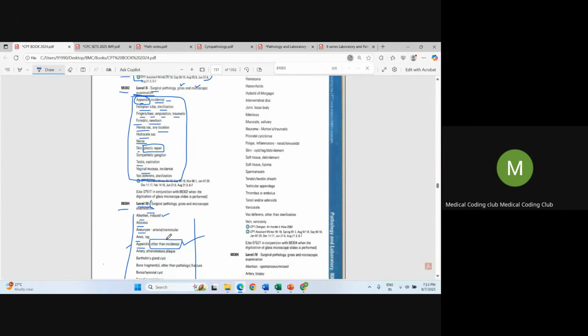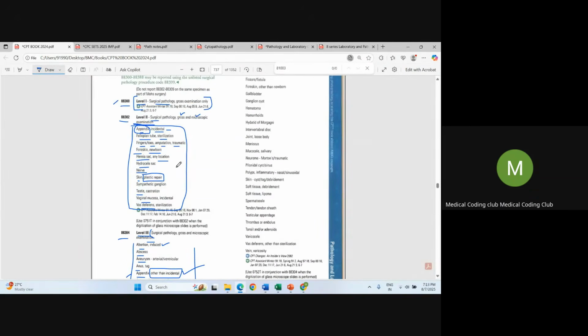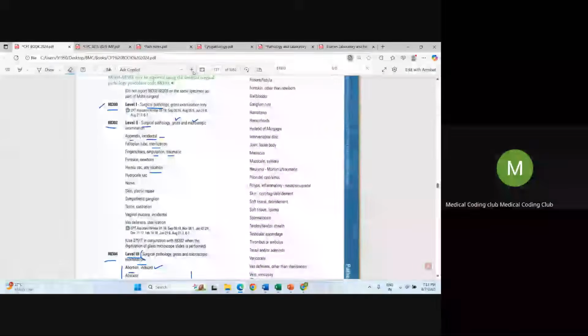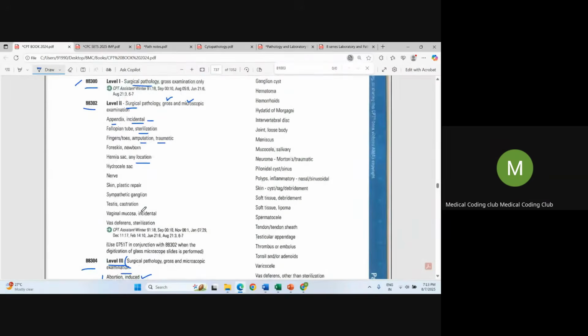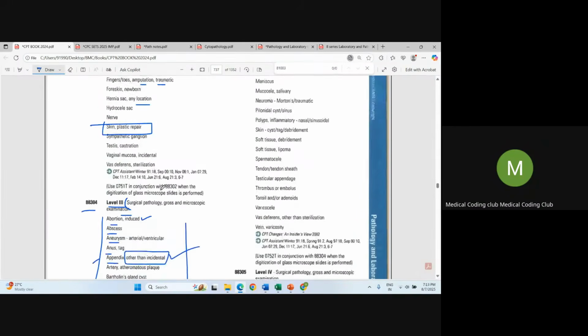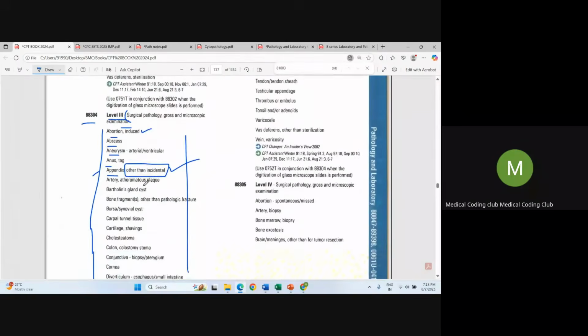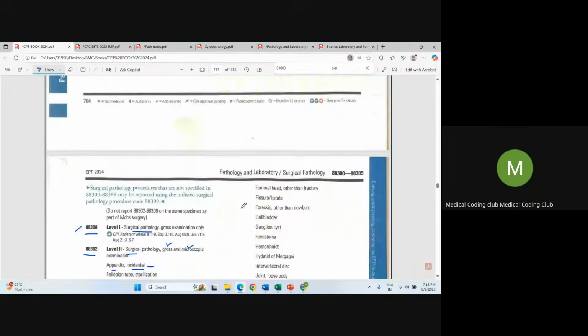Same way, I'll give you another example, skin. Skin plastic repair is present under 88302. Assume you got skin as a specimen once again. You should look whether the skin specimen is present in any other level.